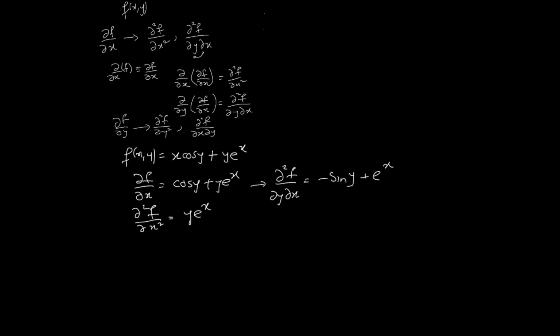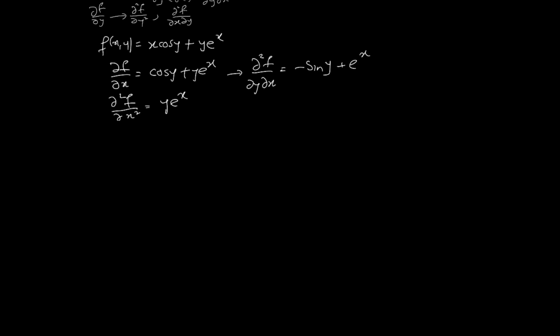Let's look at some other ones as we continue in this example. We can calculate, of course, the y derivative of f, and the y derivative turns out to be minus x sine y plus e^x. And we can calculate, for instance, the second derivative with respect to y, and that is minus x cosine y and nothing else.